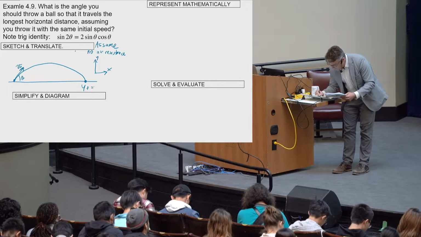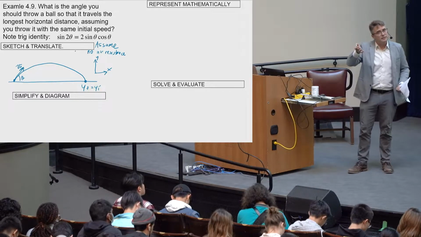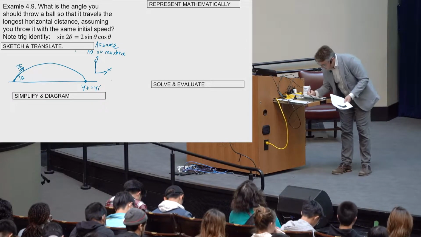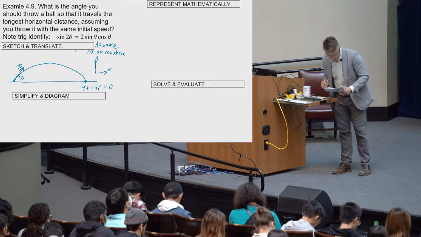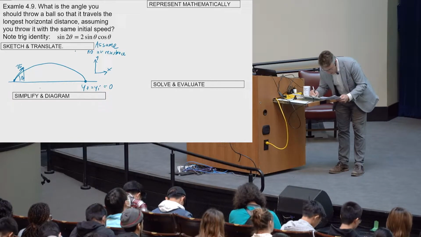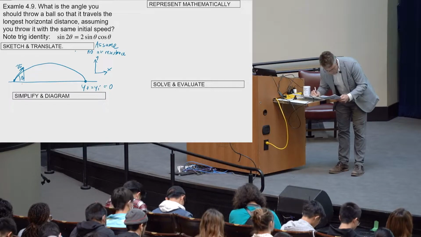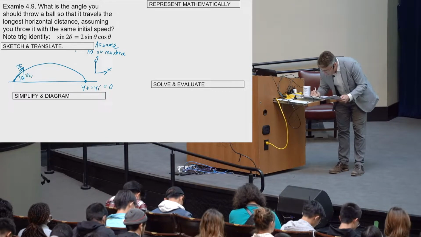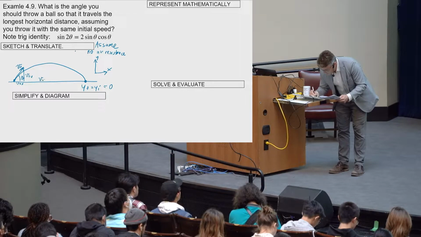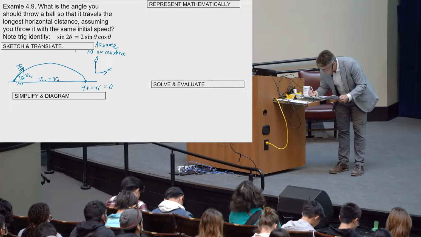y final equals the y initial. It comes back down to the same height. So, and we can set that equal to 0, I guess, if we define the beginning to be the origin. And then you split this up so that you have v0y and v0x. So the way it goes usually is v0x is equal to v0 cosine theta.